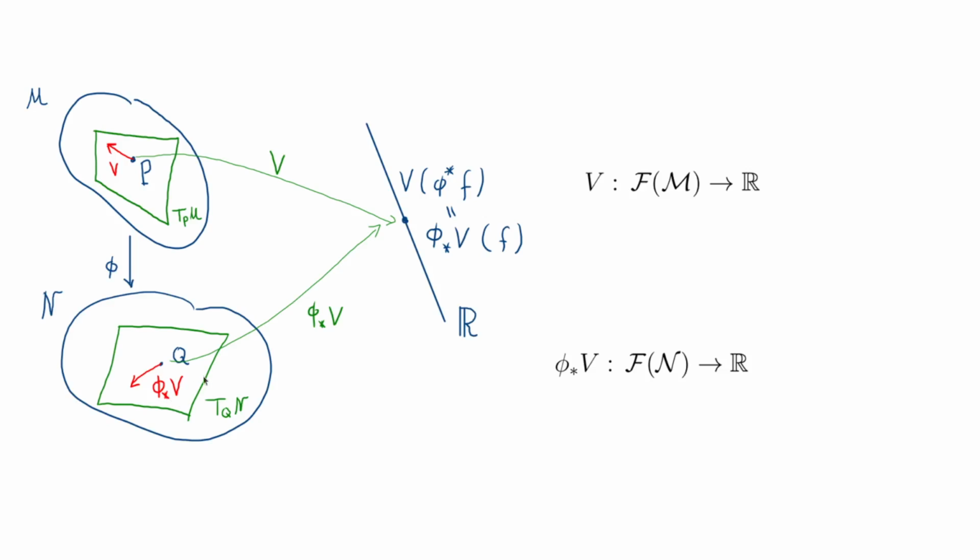And for that we used the pullback of the function f, so that the image of this function on M under v is equal to the image of f under the operation of the vector phi star v.